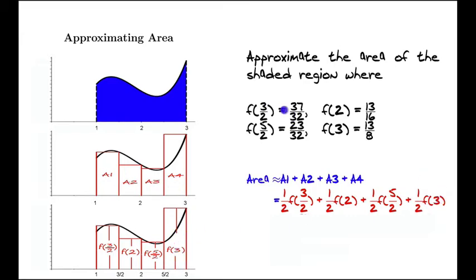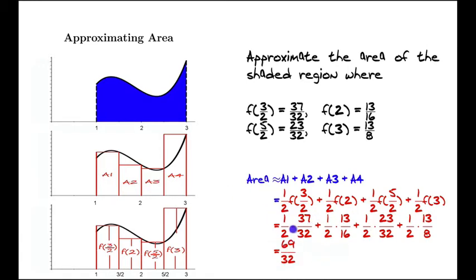So now we can use this information that we're given and substitute these values to actually come up with a value to approximate the area. f of 3 halves is 37 over 32, f of 2 is 13 over 16, and so on. And now we get a fraction that we can simplify to get an approximation of this area, which consists of the sum of these 4 rectangles.